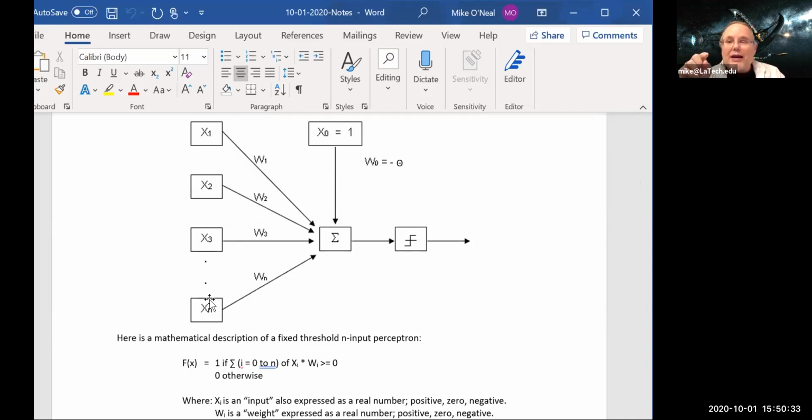And if you had a 32 by 32 image, you would have 32 times 32 inputs, and that would be the dimensionality of the problem. So whatever 32 times 32 is, that number minus 1 dimensional hyperplane would have to separate the categorization within that 32 times 32 dimensional space.